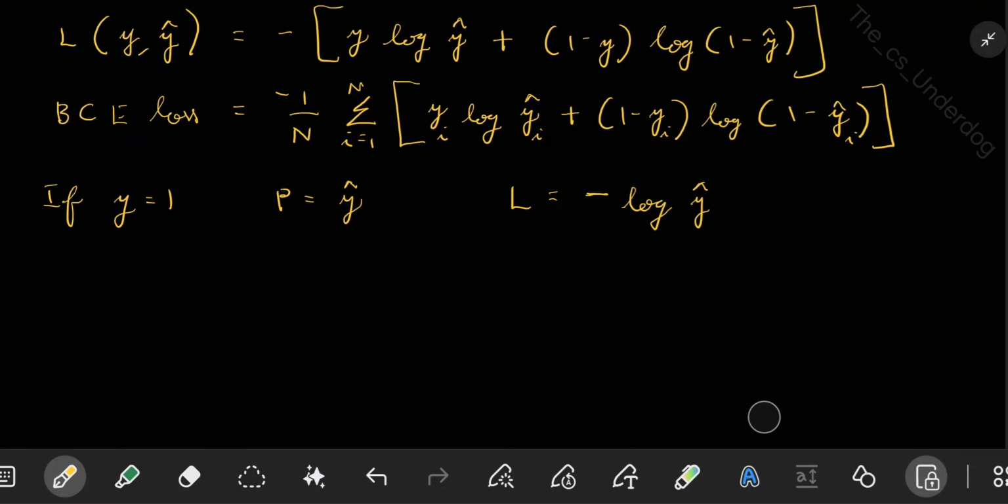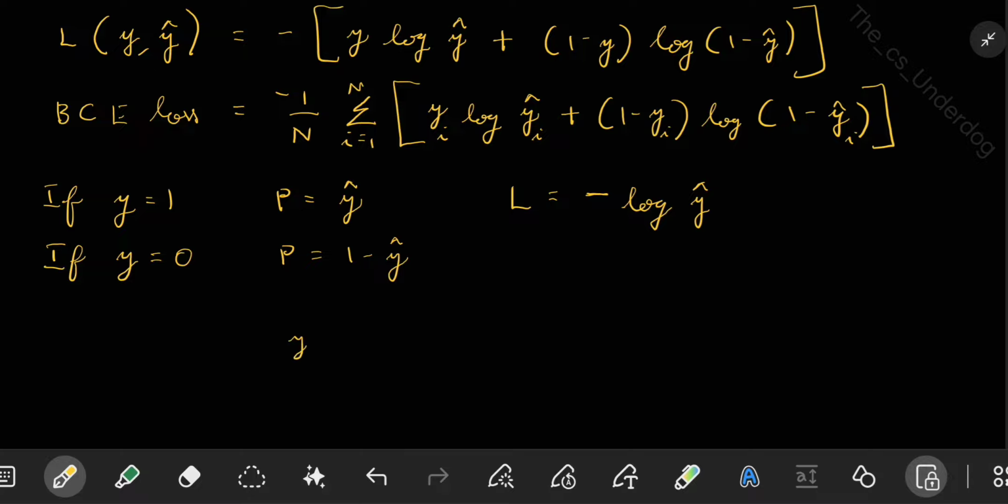Let us take the other case. This is if y equal to 1. If your y is equal to 0, that is, let us say this belongs to class 0, then what will be the probability? Probability will be 1 minus y cap. Why will it be 1 minus y cap? Because the definition of y cap will remain the same irrespective of your true label.